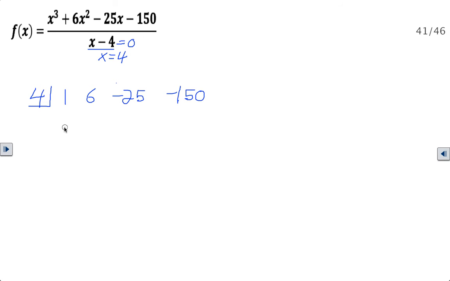We're going to go ahead and do synthetic division. Drop down the 1, so 4 times 1 is 4. We're going to add these two terms, gives you 10. 4 times 10 is 40.